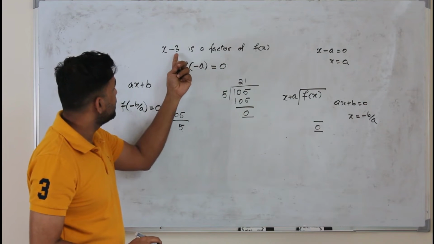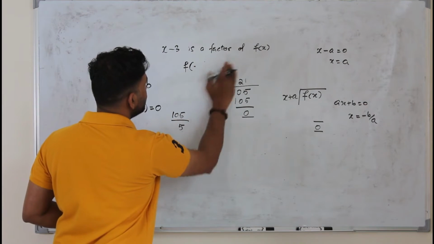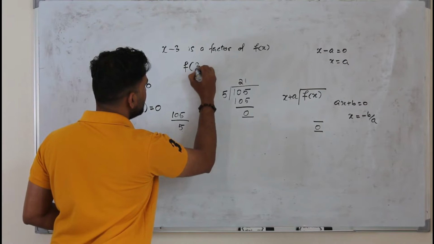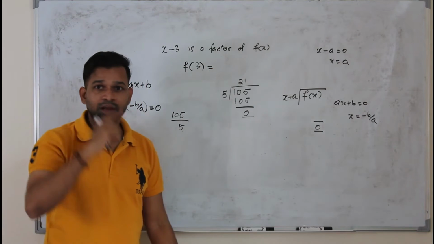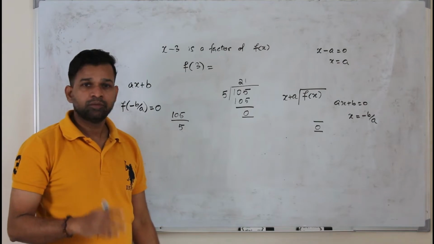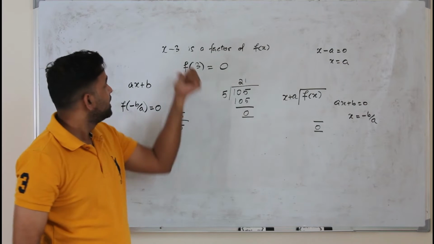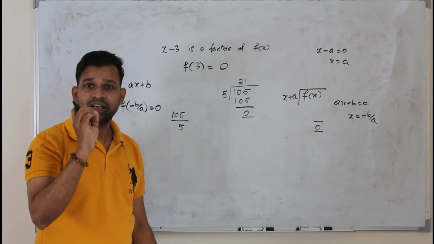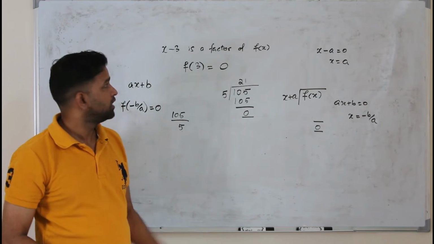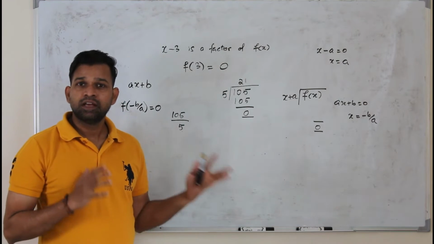You just need to replace x by 3 here. So find f of 3. Replace all the x's in this function by the number 3. And if you get 0, that means x minus 3 is a factor of the given polynomial. If you don't get 0, that's not a factor. So this is the factor theorem.